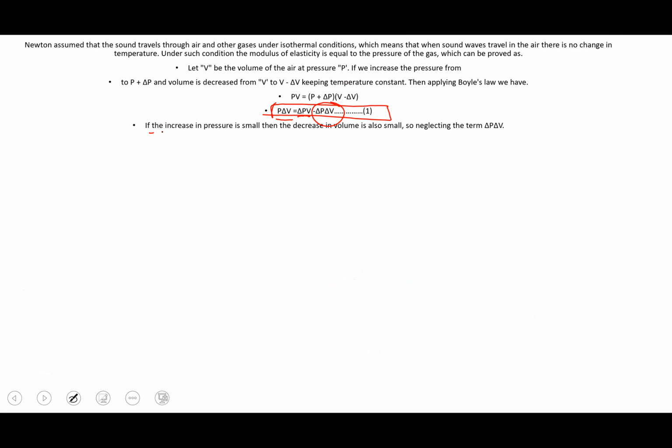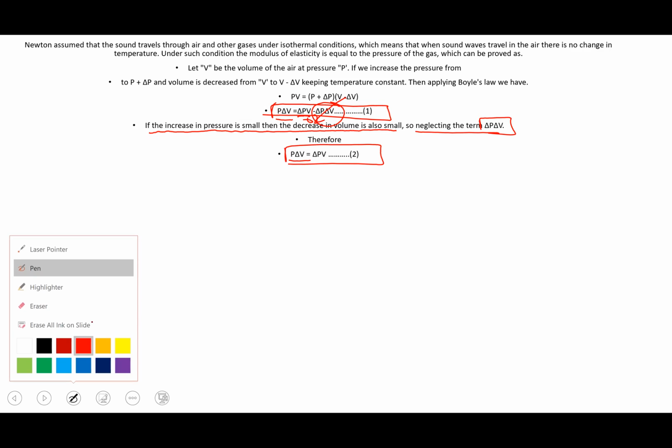If the increase in pressure is small, then the decrease in volume is also small. So we neglect delta P delta V and consider it to be 0. So what are we left with now? We are left with P delta V is equal to delta P V. This is equation number 2, which is very important.